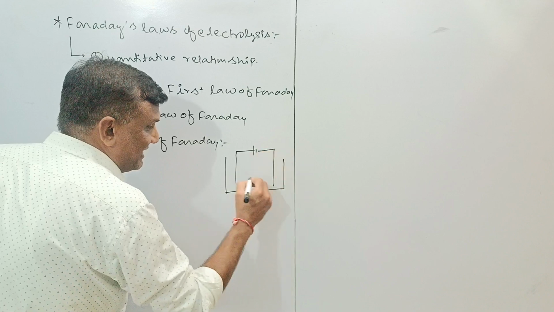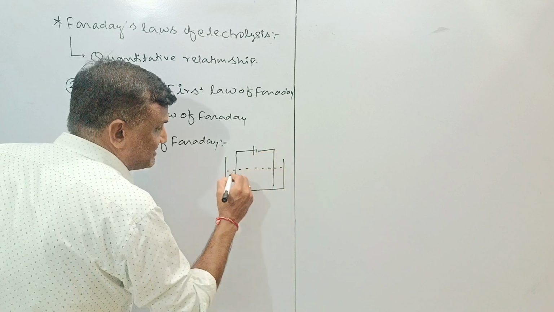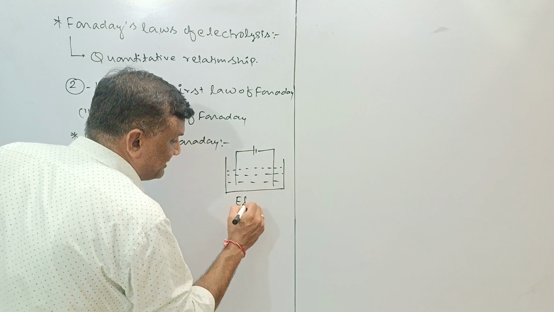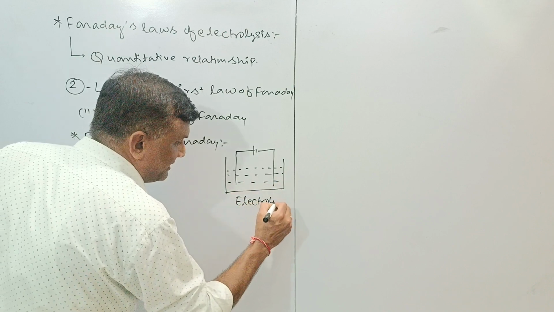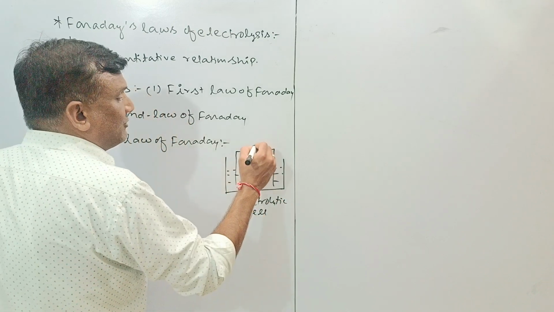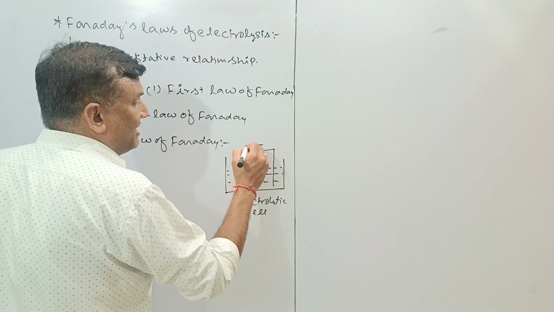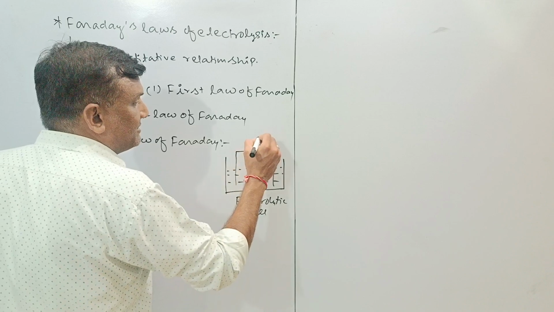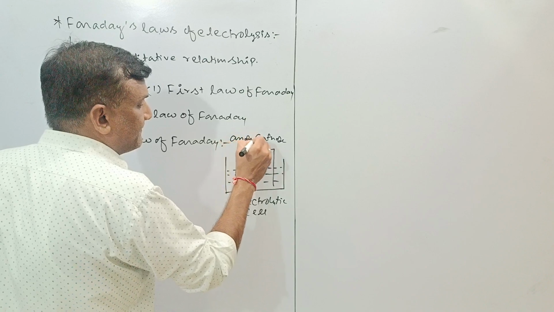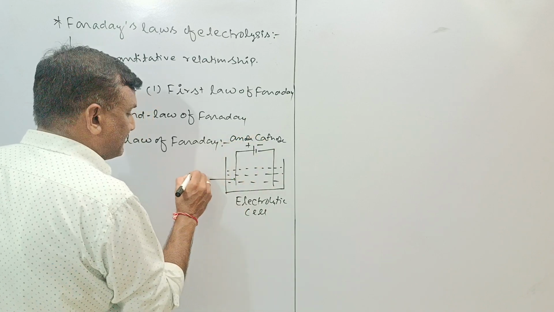In electrolytic cell, as we all know, because we have discussed in previous video, cathode will be as a negative terminal and anode will be as a positive terminal. This is the cathode and this is the anode, and this is your electrolyte.